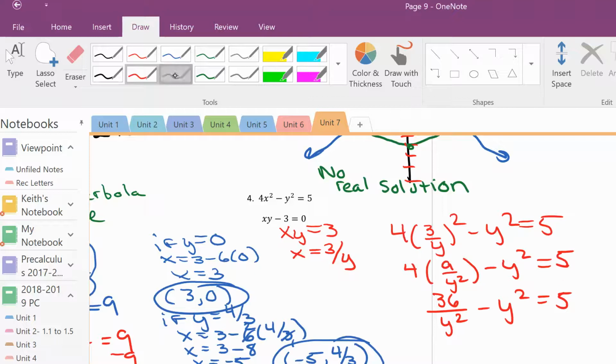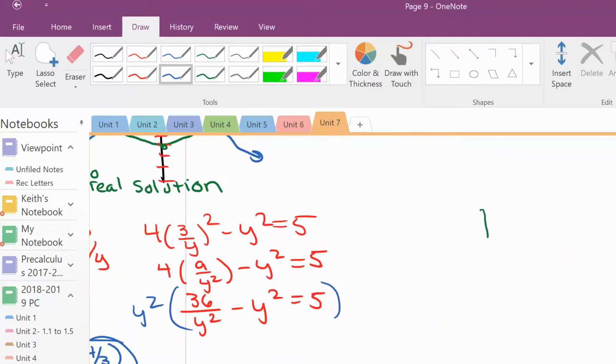So now you've got to get rid of the fraction, so you've got to multiply by y squared. So when you do that, you get 36 minus y to the 4th equals 5y squared.